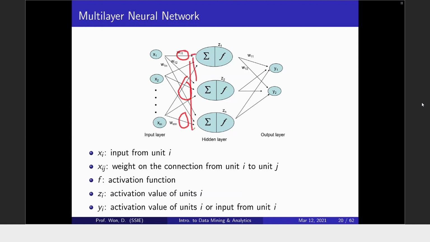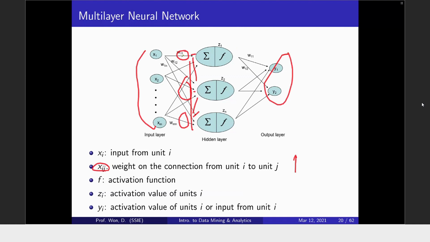So if we have one or two more layers, then the weight is going to be up. Then from the input to output, we have more steps to be calculated.